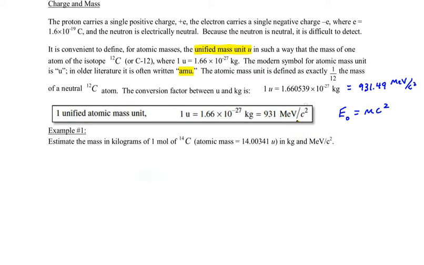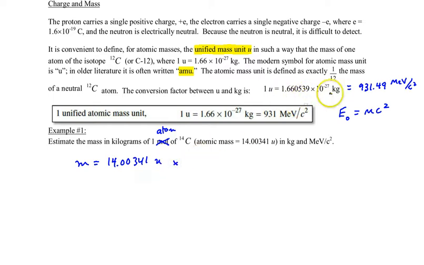Let's estimate the mass in kilograms of one atom of carbon-14, not a mole actually, which has a mass of 14.00341 AMUs, or we write it as u in physics. If we want to convert this to kilograms, let's get a very precise answer.